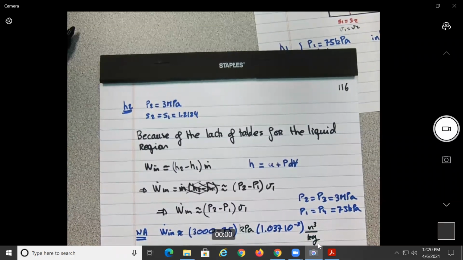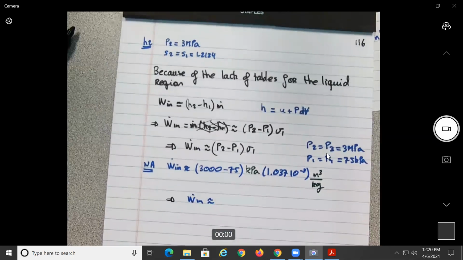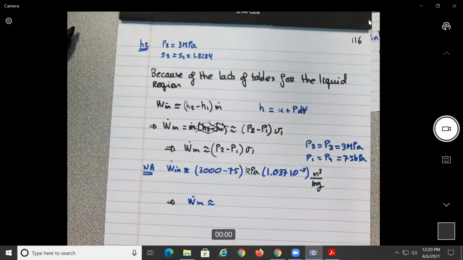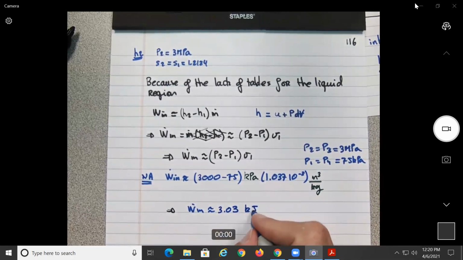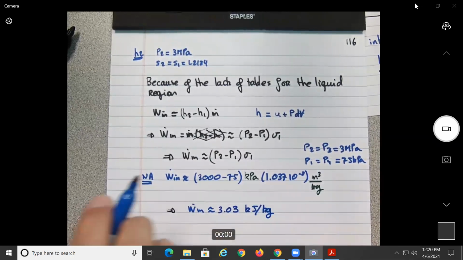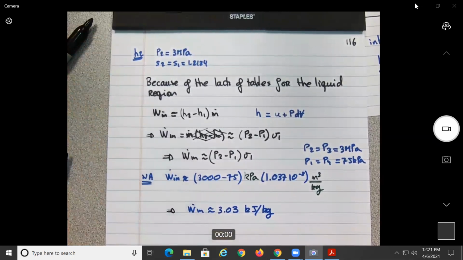So we do that, what do you get? 3.03, okay. 3.03 kilojoules per kilogram.